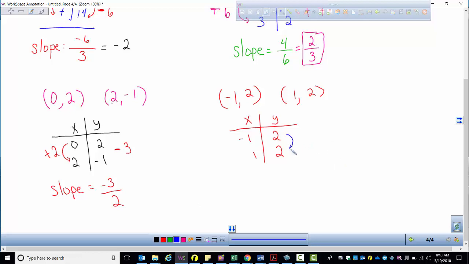Here is 0. Nothing happened. It's flat. Here we went up. If I start at negative 1 and I go to positive 1, that means I'm going to go up 2. So my slope is going to be 0 divided by 2. Well, if you have 0 on the top of any fraction, that's going to equal 0.